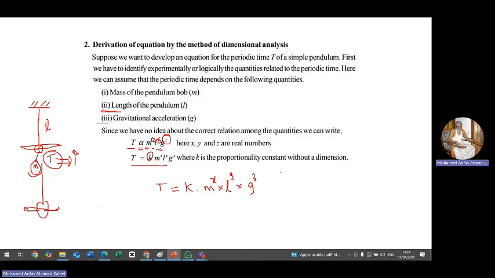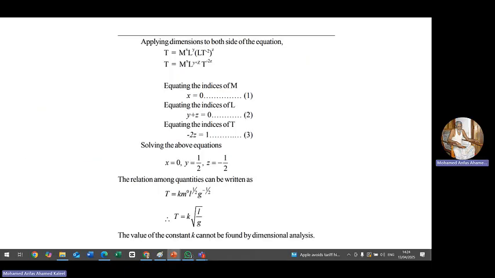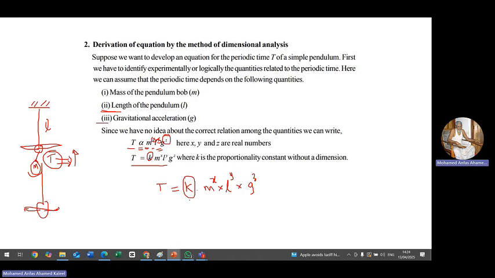Now applying the dimensions to both sides of the equation. We know this one is a constant, and a constant doesn't have dimension, so we will equate the dimensions of both sides.